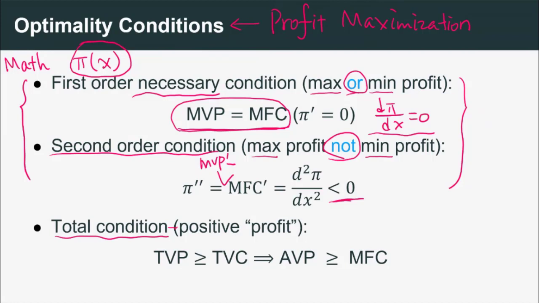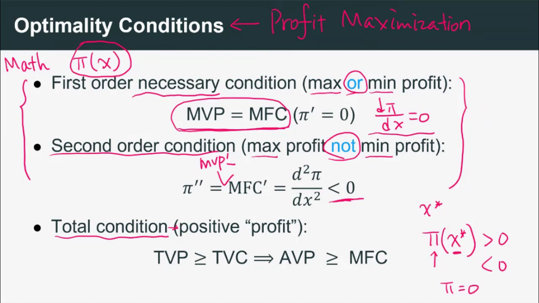After you solve the first two conditions and find the optimal input use level, you should check the value of pi evaluated at that input use to make sure it is positive, because economically, if profit is smaller than 0, then the producer will just shut down, and in that case your profit is equal to 0.